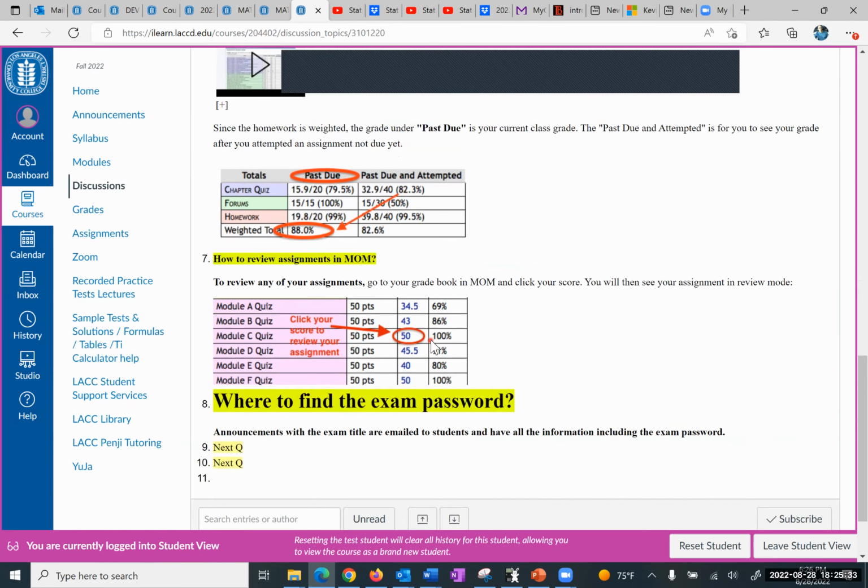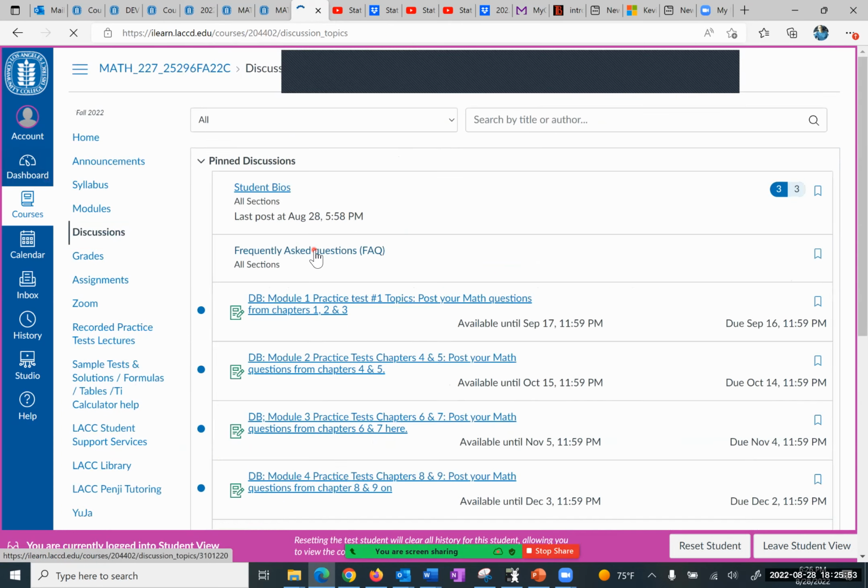For example, one question that always comes up is, where do I find the exam password? Announcements with the exam title or email to students have all the information, including the exam password. So there's no need to worry about the password. The passwords will be here in time. Going back to the discussion.